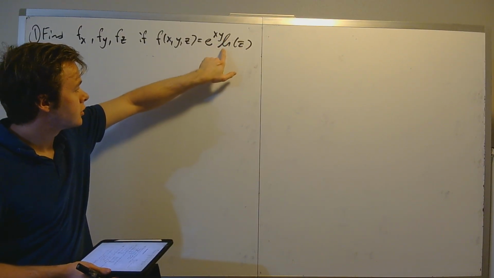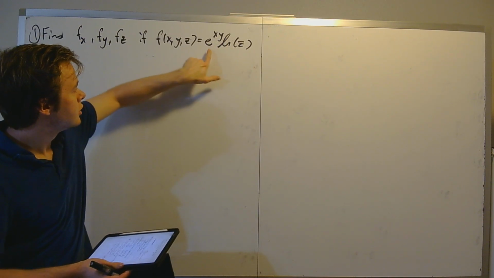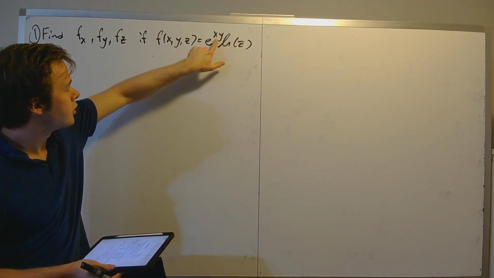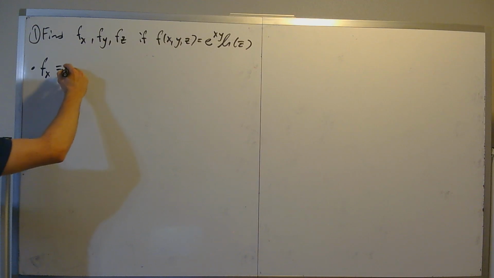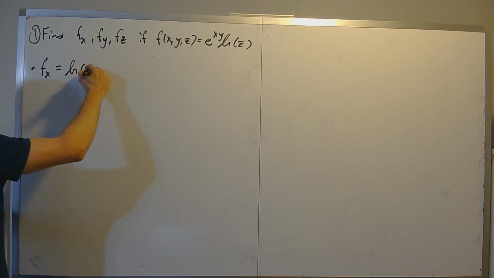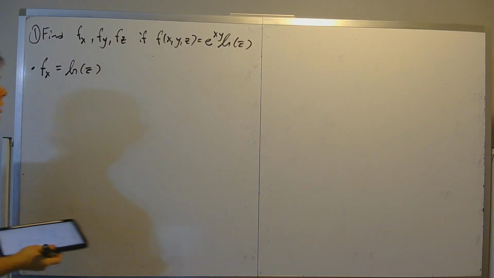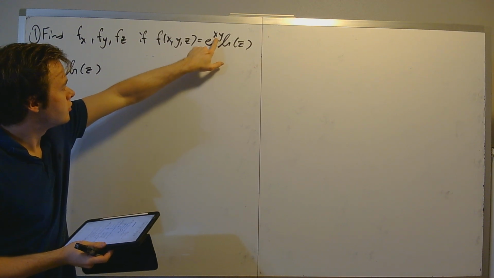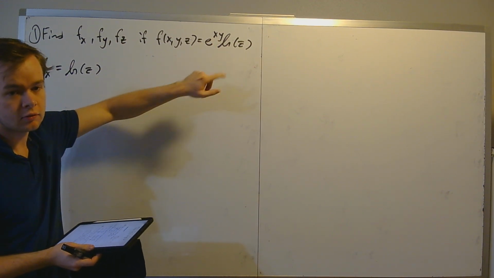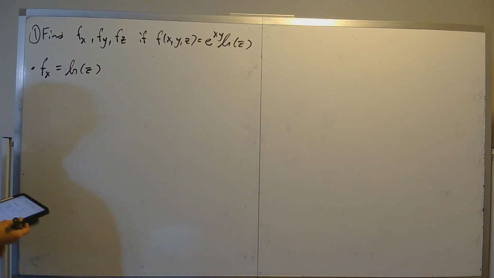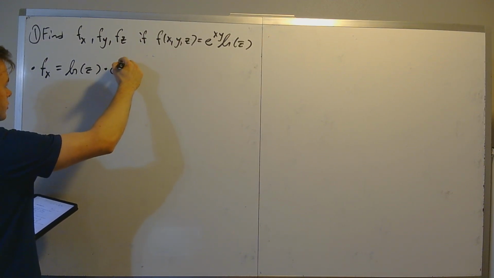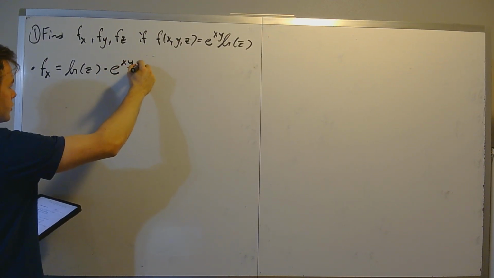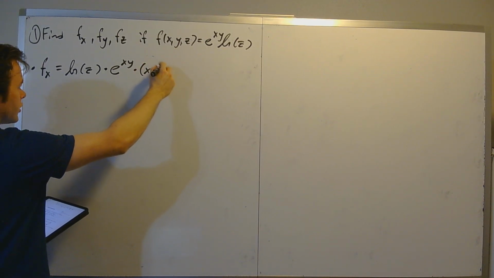So if we're taking the derivative of a constant times e to the power of some constant times x, well, the natural log of z is a constant, so we can factor that out of the derivative. And now we're taking e to the power of some constant times x, so we use the chain rule. The chain rule says that we would have e to whatever we started with times the derivative of xy.